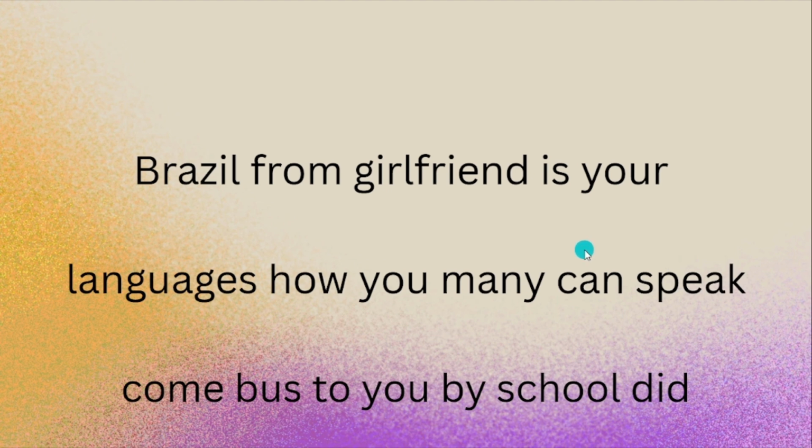The subject would be your girlfriend. So is your girlfriend, and all we have left here is a preposition and a noun, Brazil. And we know that prepositions are used to link two words together. So that would come next.